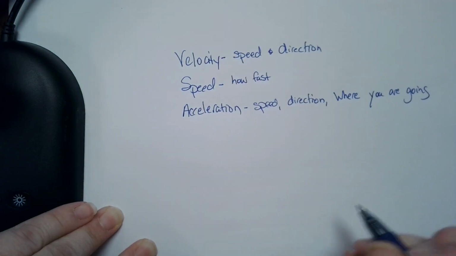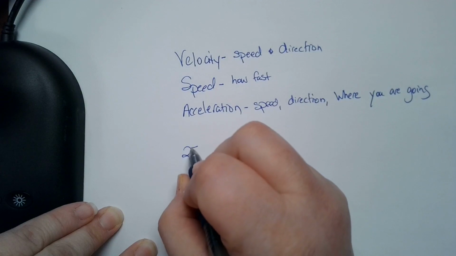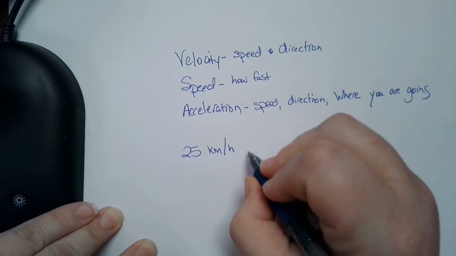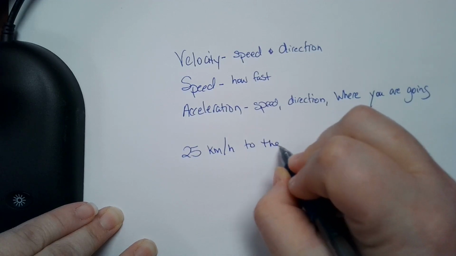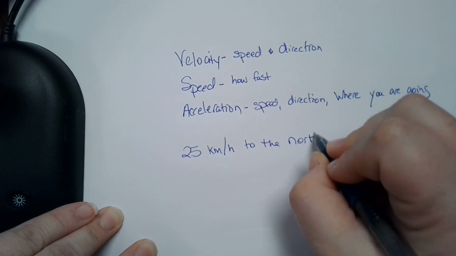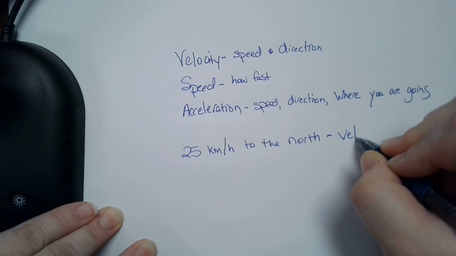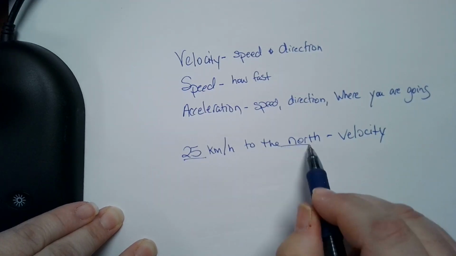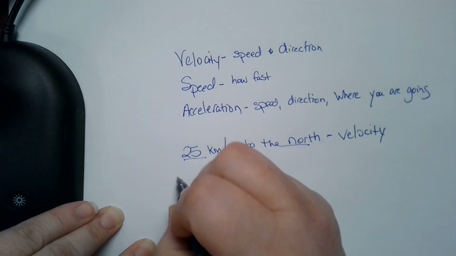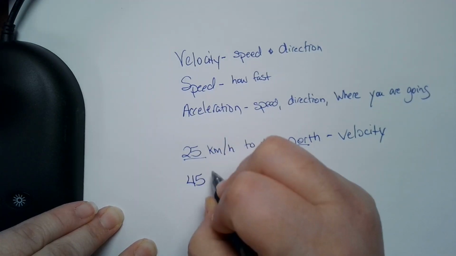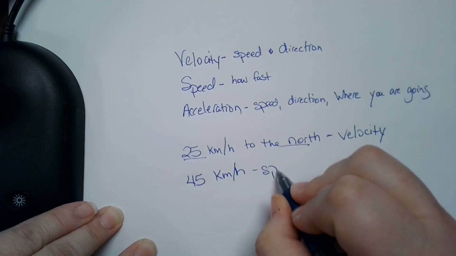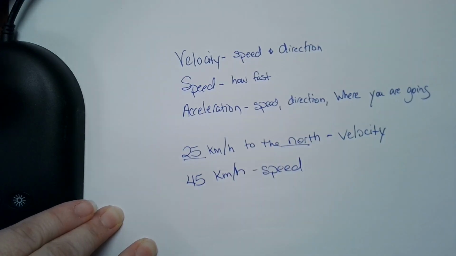For example, 25 kilometers per hour to the north would be an example of velocity, because I'm telling you my speed and my direction. If I just said 45 kilometers per hour, that would just be my speed.